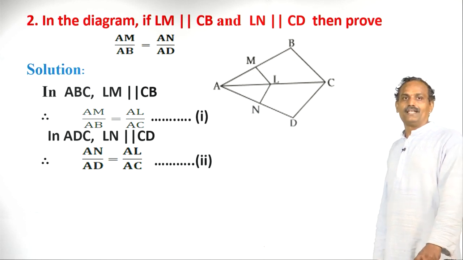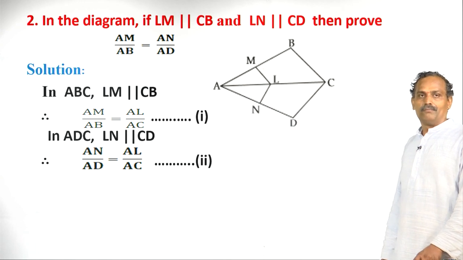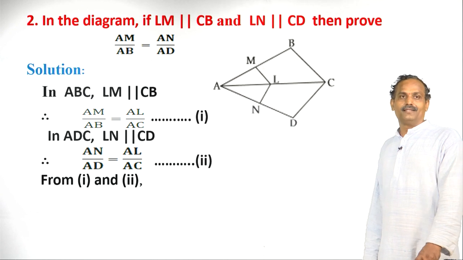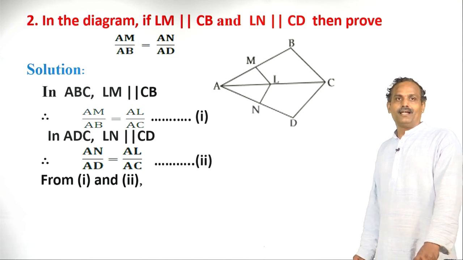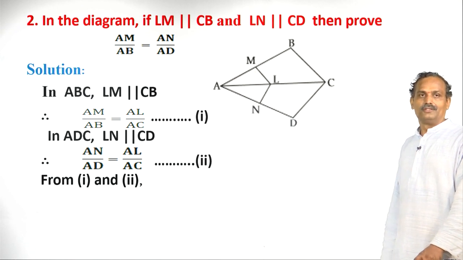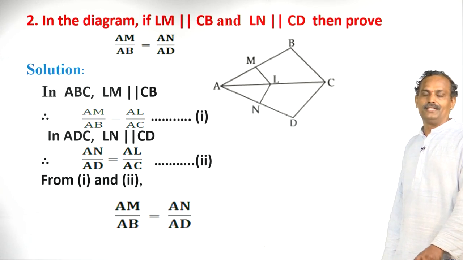Let us call this equation 2. This statement is also got by Thales theorem itself. Now from equation 1 we know that AL by AC is present in both the equations. Therefore AM by AB should be equal to AN by AD.